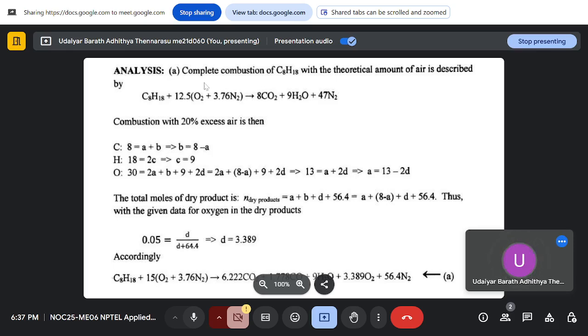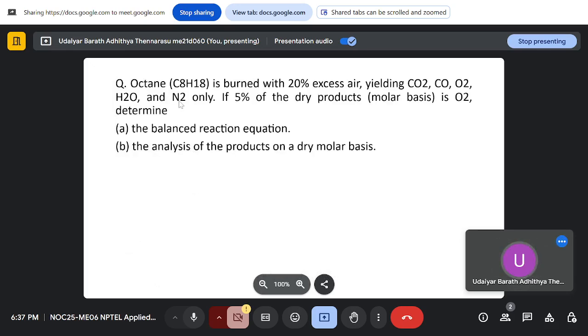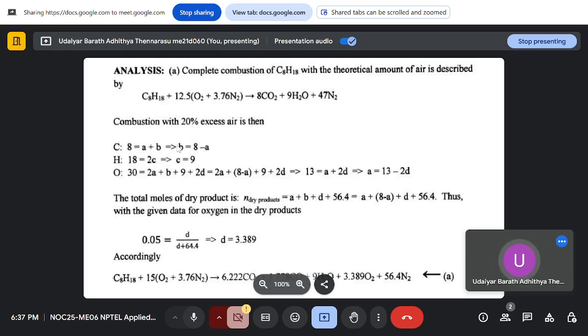For octane, the molecular formula is C8H18. So 1 mole of C8H18 plus A O2 plus 3.76 N2 gives B CO2 plus C H2O plus D N2. Solving that, we get A as 12.5, and 8 moles of carbon dioxide, 9 moles of water, and 47 moles of nitrogen.